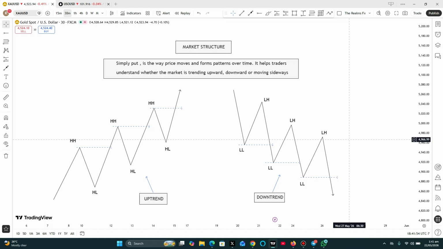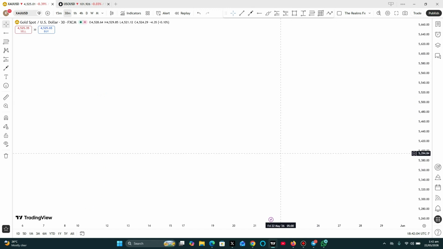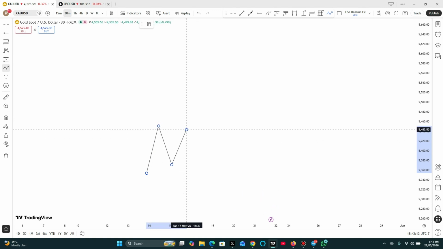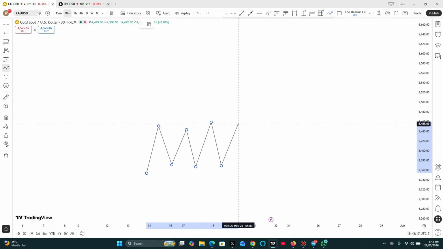Ranging or consolidating. So when we say that the market is ranging or consolidating, how does the market basically look like? Okay, so when the market is ranging or consolidating, it tends to move somewhat in a messy fashion. It's like it doesn't know where it wants to go, it just moves messy like this.